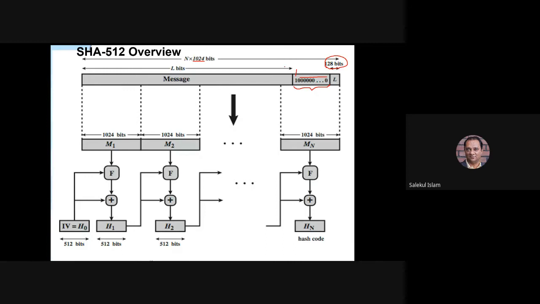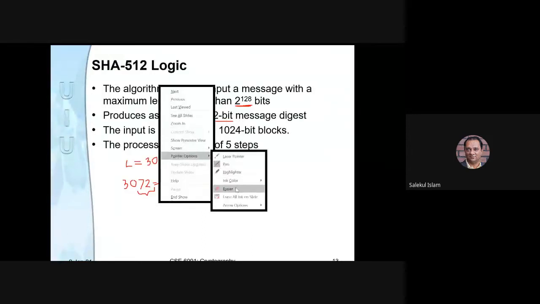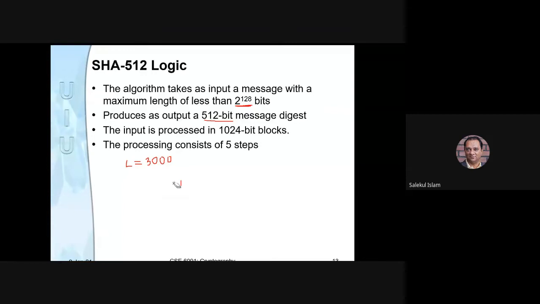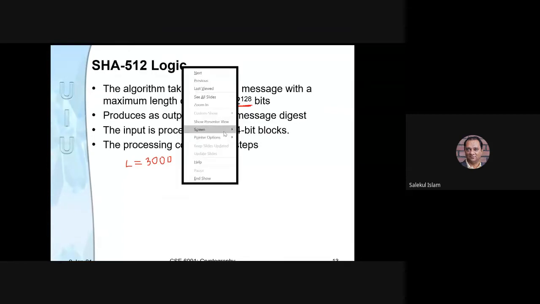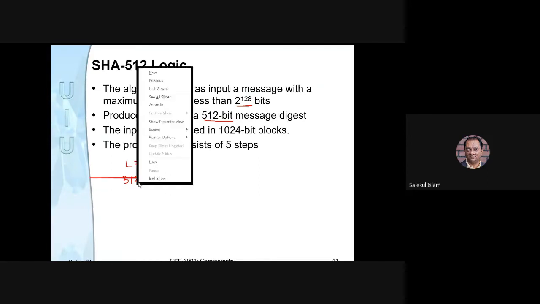Consider that our L is 3000. Then 3000 plus 128 is 3128. That part is mandatory.